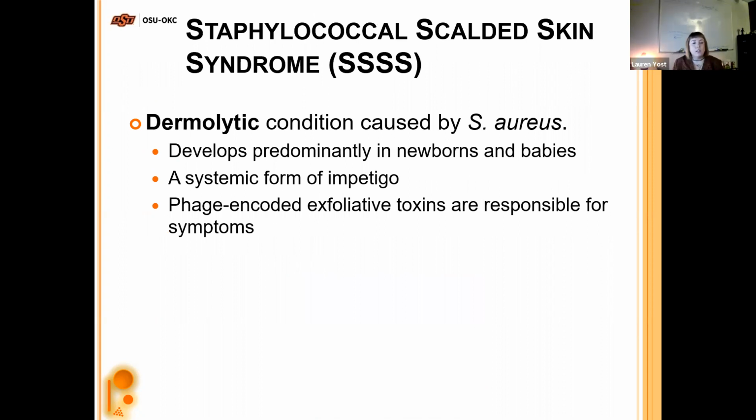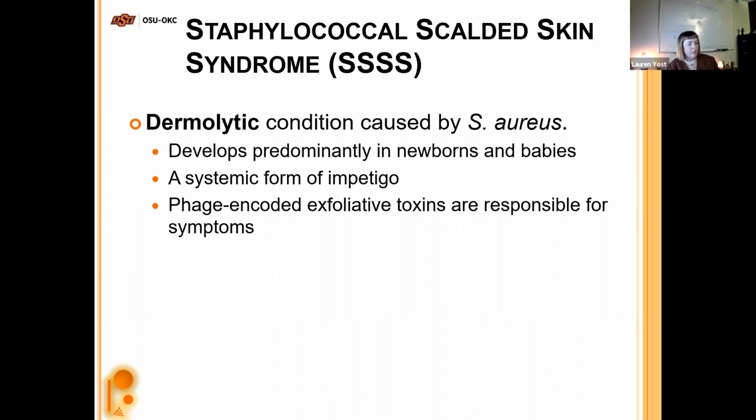Next, we have staphylococcal scalded skin syndrome. This is dermolytic, affecting the dermis and causing the body to shed your dermis, essentially breaking down your skin. This is caused by S. aureus. It develops predominantly in newborns and babies as a systemic form of impetigo, causing a disconnection of your skin from where it's supposed to be sticking on.